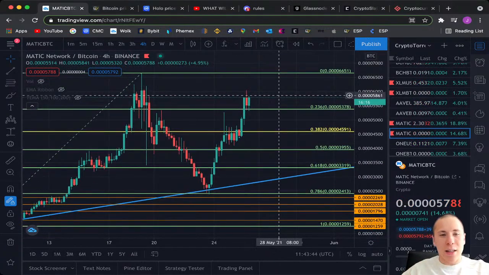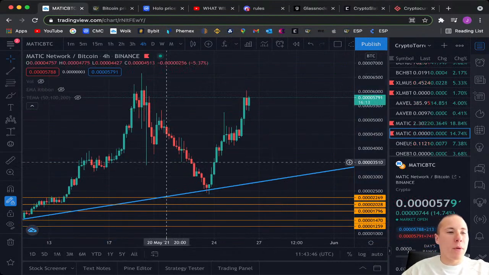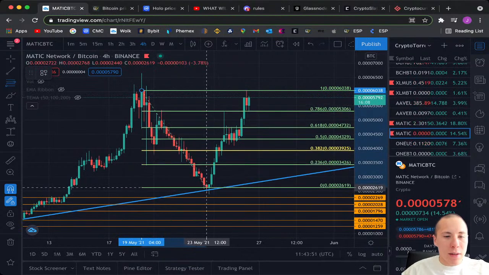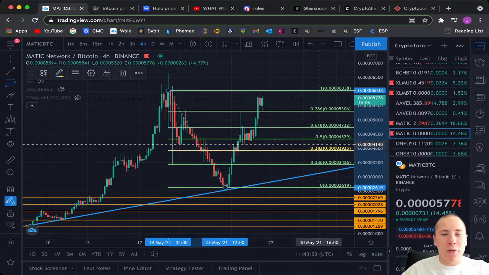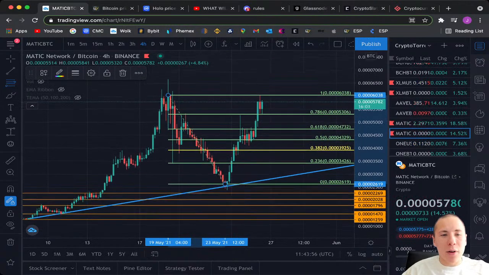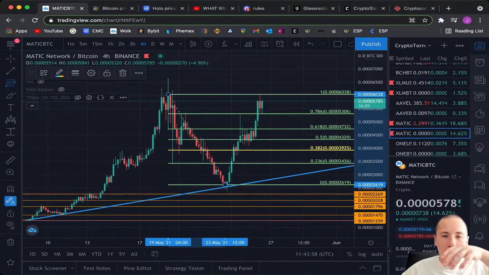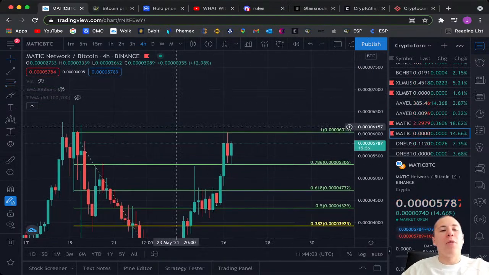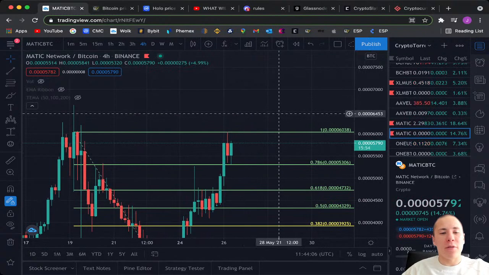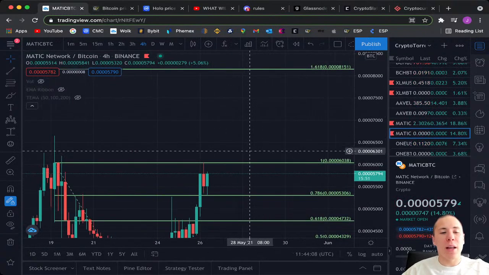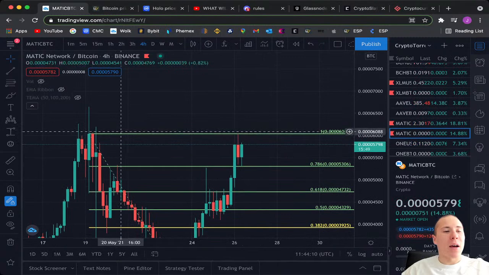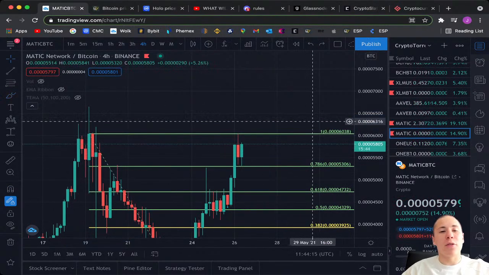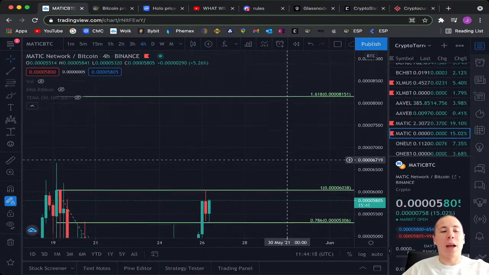So yes, let's see where we will be finding probable supports and resistance by placing the Fibonacci just a little bit different. And what you're seeing is that we are currently underneath the 1 Fibonacci, which is acting as upper resistance, and if we break above it and find support on top of it, we will not only be trading above this all-time high compared to Bitcoin, but we will also be heading, I personally think, towards new higher levels before heading back down.